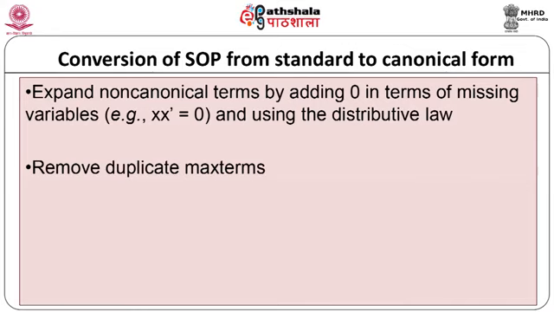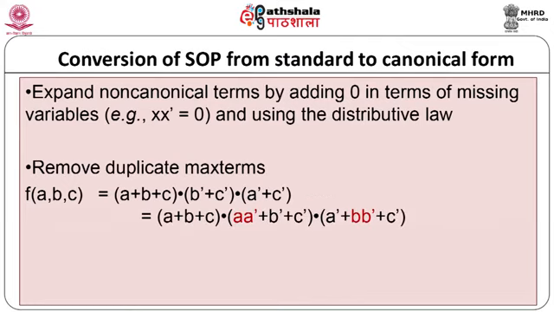Let us consider an example of a Boolean expression containing 3 sum terms. In the second sum term, A is missing, and in the third term B is missing. So, let us expand by writing A bar in the second term and B bar in the third term.